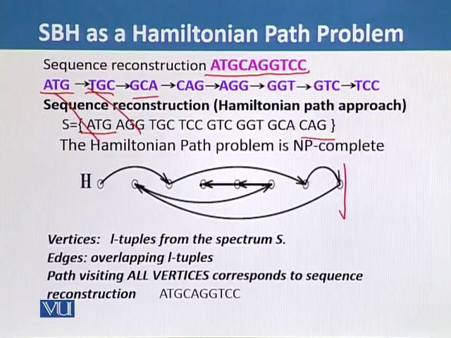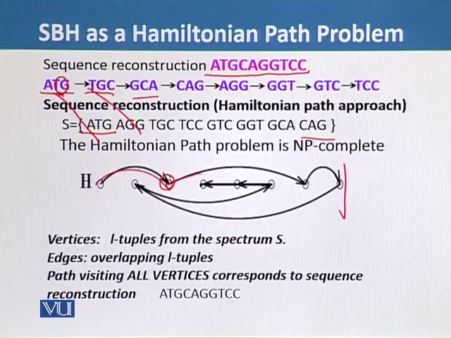and as the overlap graph becomes larger, this approach ceases to be practically useful, since the Hamiltonian path problem is NP complete. And we can see that this is the reconstruction path, and the last nucleotide is overlapping with the first nucleotide of the next vertex.